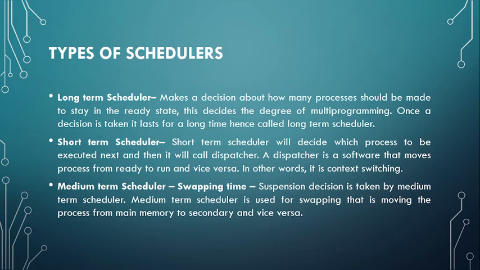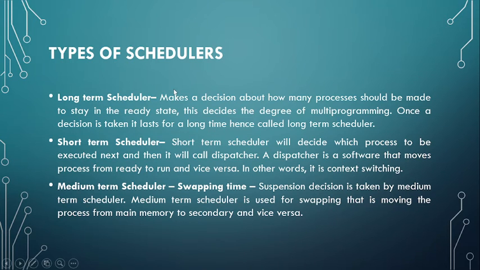In other words, it is context switching. Medium term scheduler: the suspension decision is taken by the medium term scheduler. It is used for swapping, that is, moving the process from main memory to secondary memory and vice versa. So, these are the types of schedulers in process management.